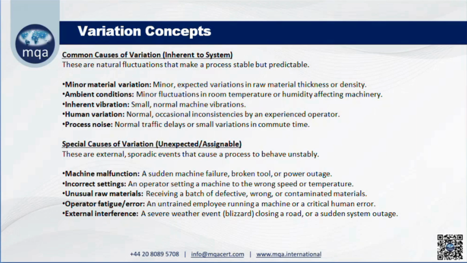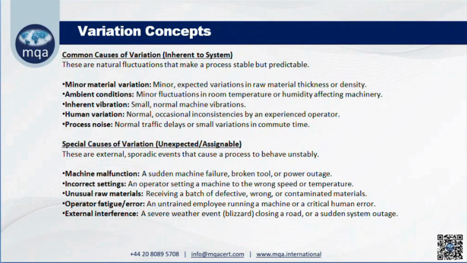Some examples of common causes and special causes, like minor material variation. We expect variation in the raw material that we get, powder or other components, metal thickness or density, because they are exposed to natural elements: heat, dust, temperature, humidity.